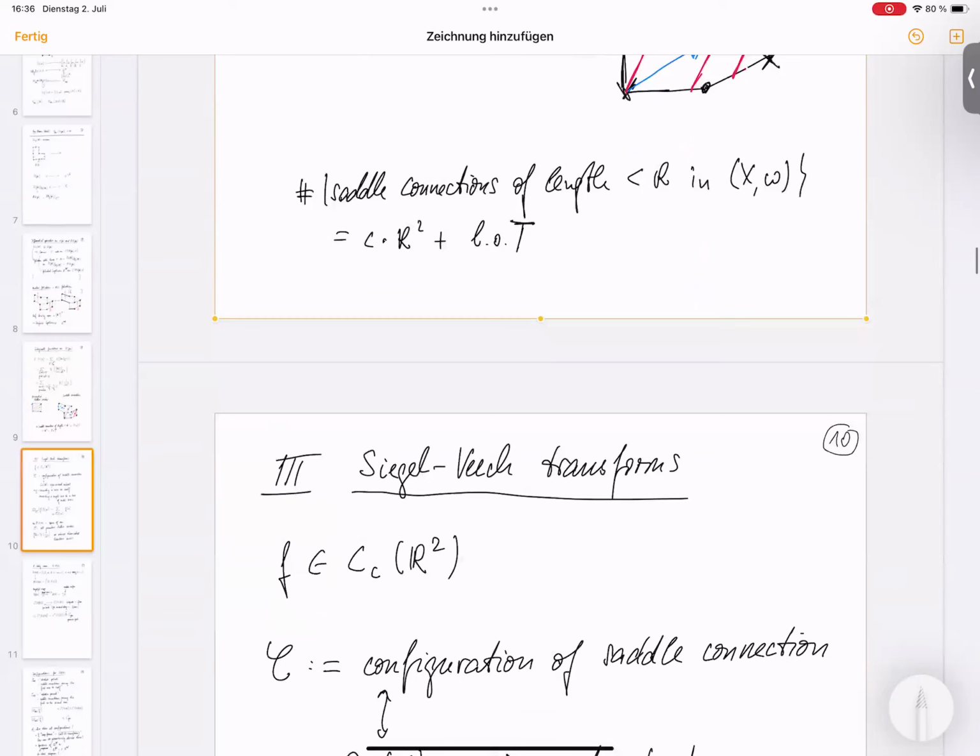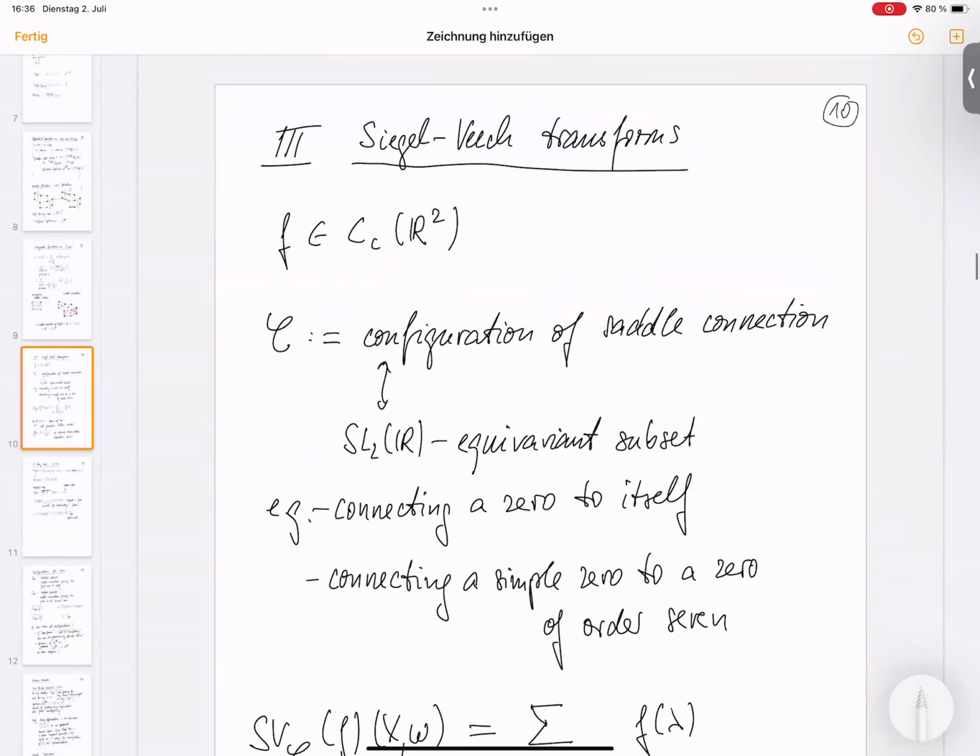Okay, so we can make that formal to provide a bunch of functions that will have interesting properties. And these functions are called Siegel-Veech transforms. Siegel used that for the case of lattices, I don't know exactly where, in his book Geometry of Numbers. The analogue by Veech stems from the 1990s.